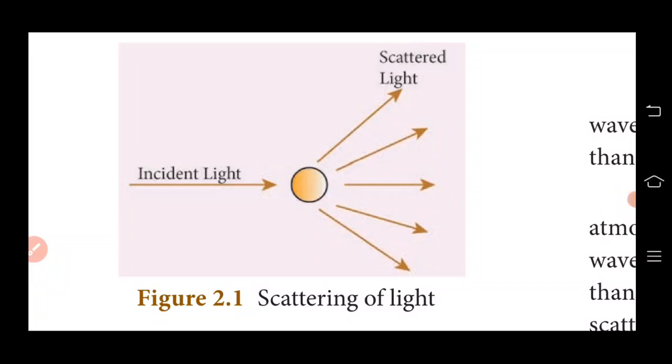The arrow marks indicate that the light is scattered in all possible directions, and this is called scattering of light. The beam of light is redirected in all directions when it interacts with the particles of the medium, and these interacting particles are called scatterers.